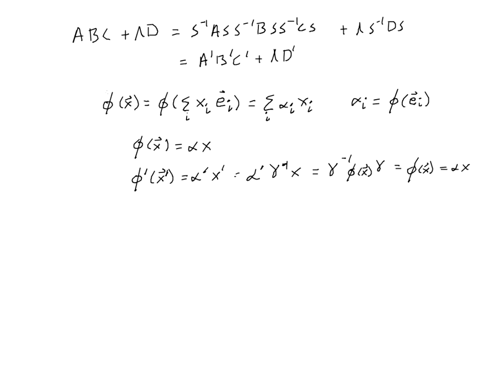And so that tells us then that alpha must be equal to alpha prime times inverse gamma, and that alpha prime is equal to alpha gamma, and alpha prime j is equal to the sum over i of alpha i gamma ij.